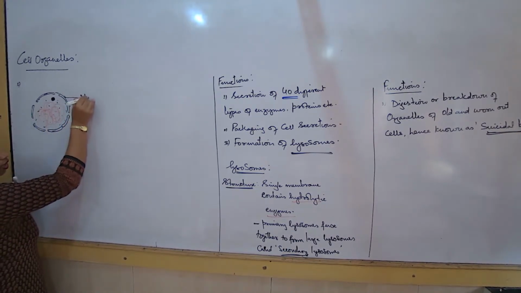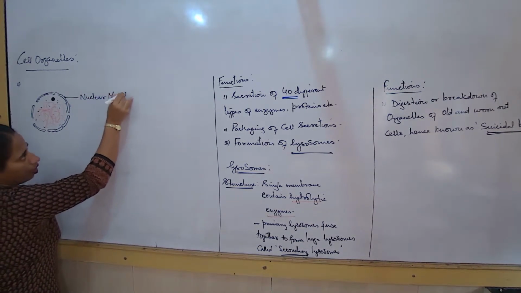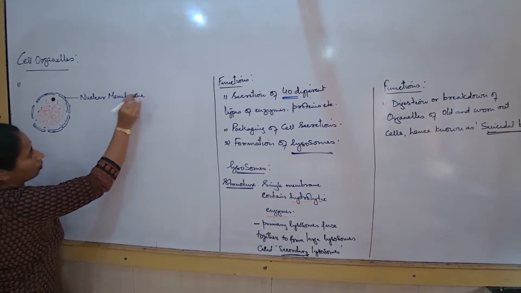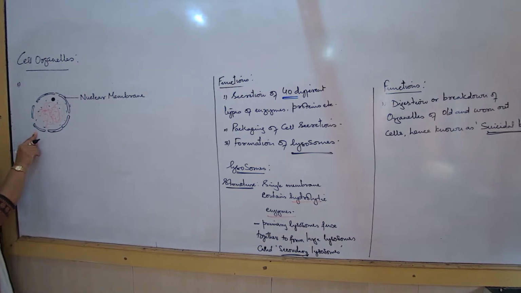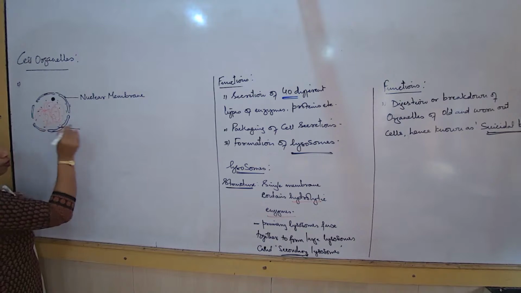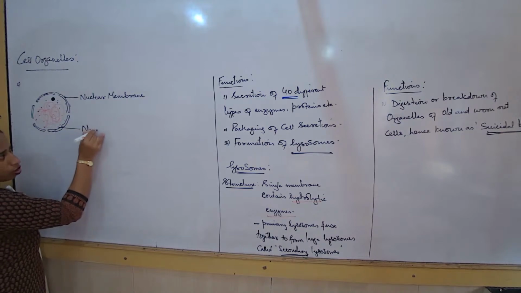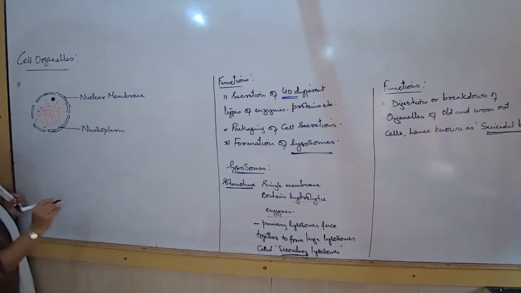This is the nuclear membrane, or nuclear envelope. Remember, the nuclear membrane is not continuous, it has got pores, known as nuclear pores. The cytoplasm is known as the nucleoplasm.